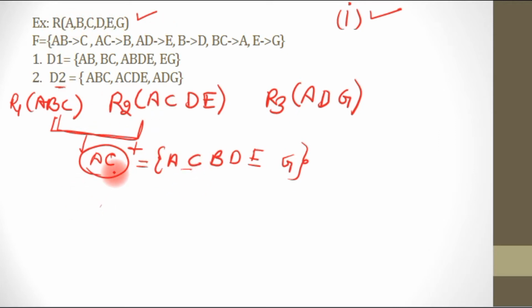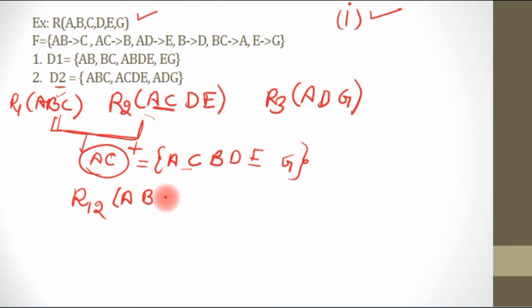So we can say AC is the super key of R2 also, because AC can determine D and E also, and AC can determine B also. So we can say that AC is the super key of both subrelations. Hence we can merge these two relations into one relation, that is R12.